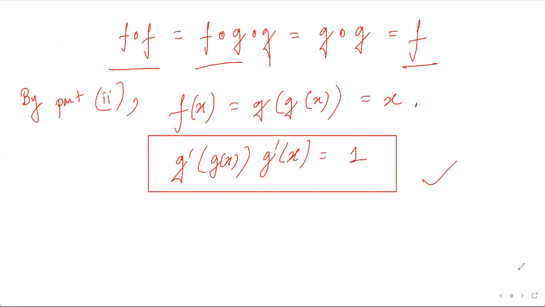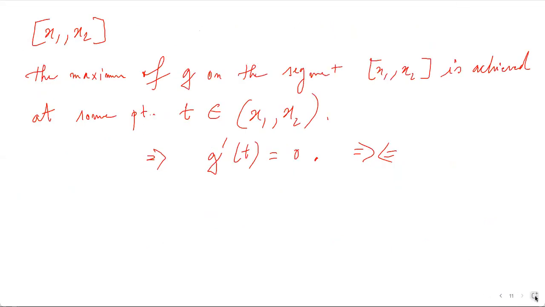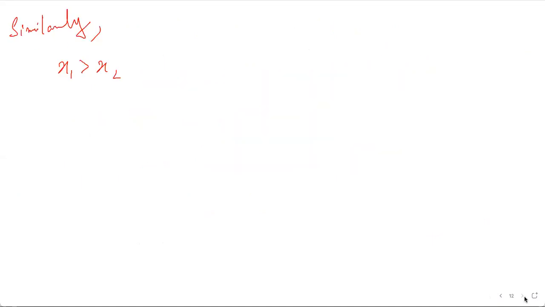So that means it's not possible to have such points where the increasing and the decreasing part will both happen. Similarly, consider the case where x1 is greater than x2. Here we considered x1 less than x2, so now consider x1 greater than x2.